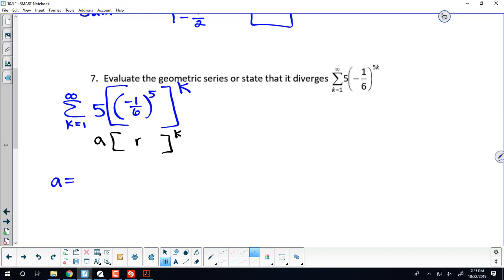So what is A? Negative 5 over 6 to the 5th. Or however you want to write it.